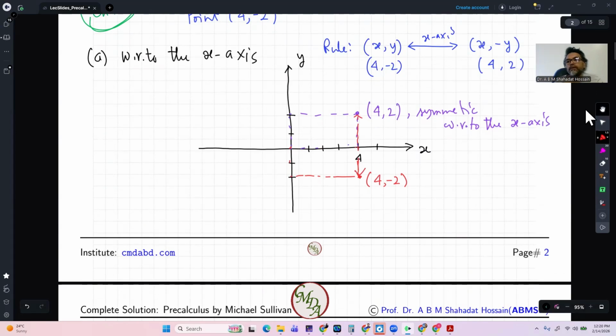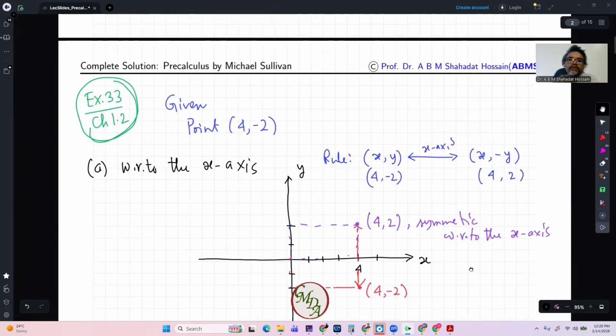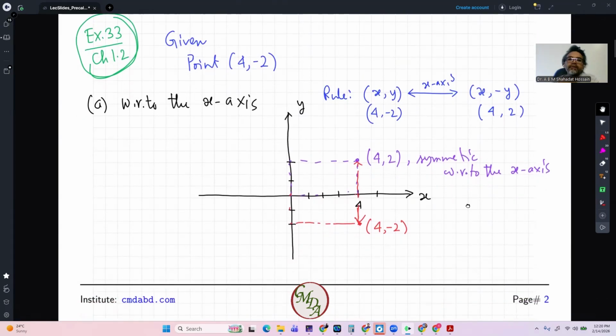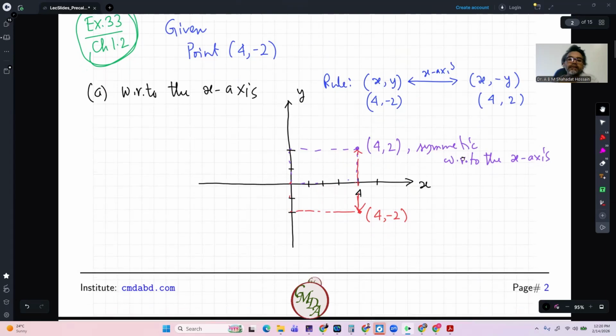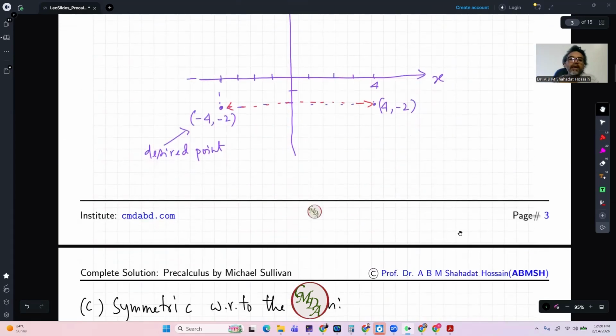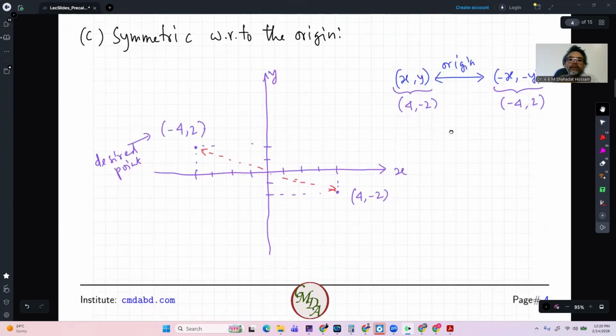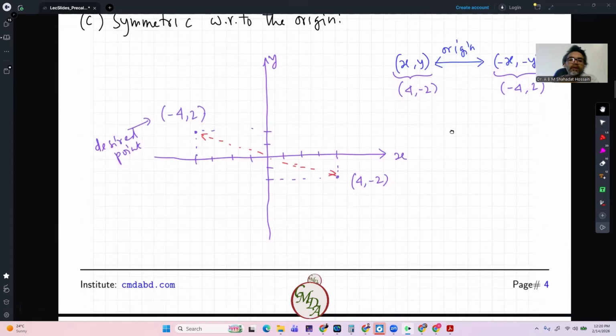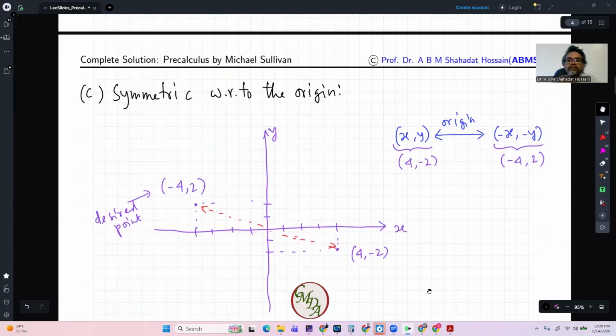That's the solution: the point was given, and we drew the points symmetric with respect to the x-axis, the y-axis, and the origin. That's all for today.